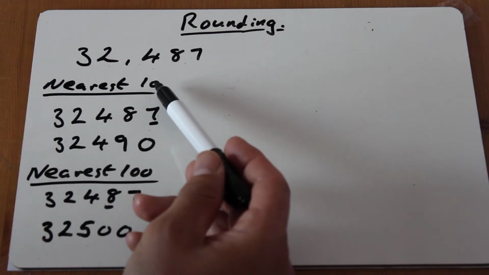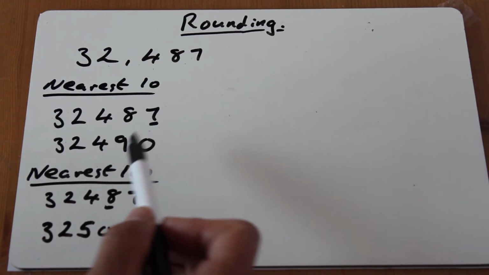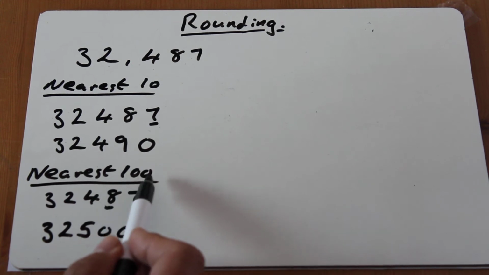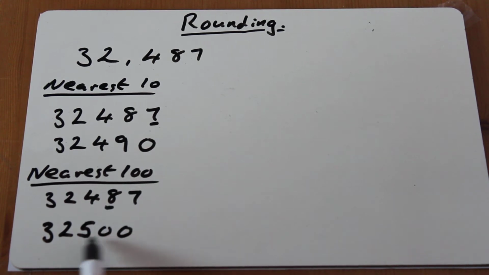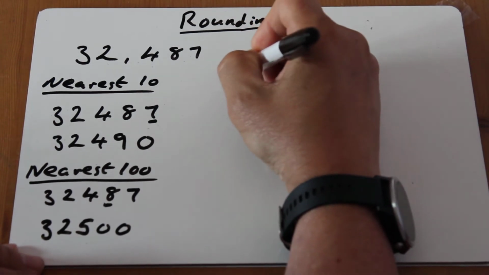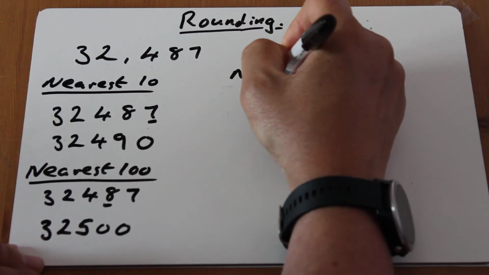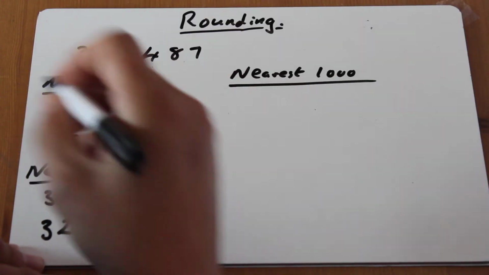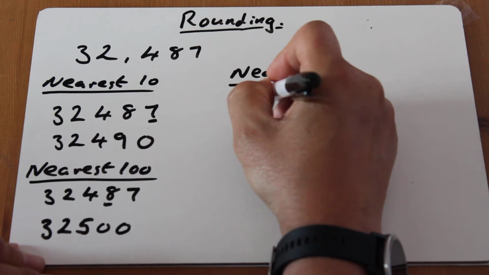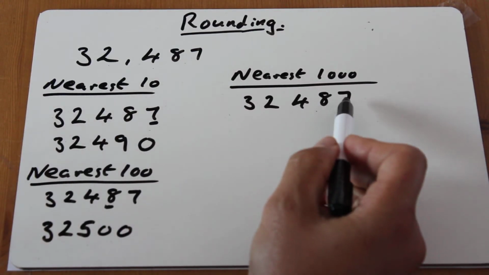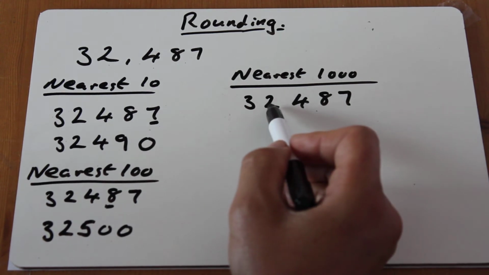So you can see when I'm writing to the nearest 10, my end digit is a multiple of 10. When I'm writing to the nearest 100, my end digits are a multiple of hundreds. I can now extend this into the nearest 1,000. Again, what I do is take my number: units, tens, hundreds, thousands.